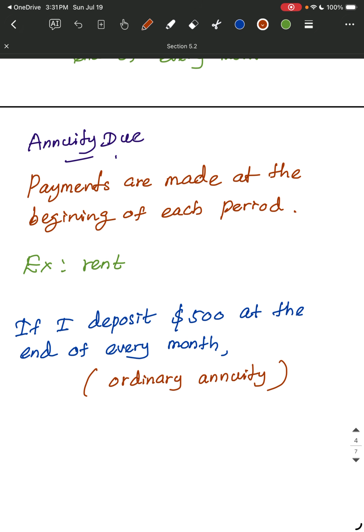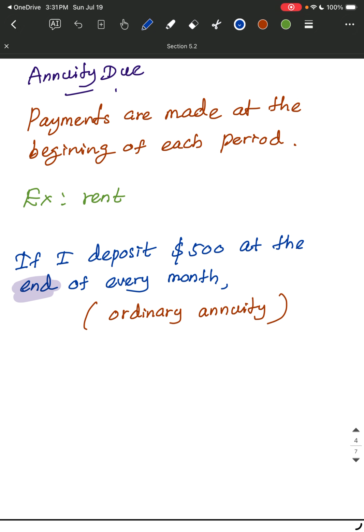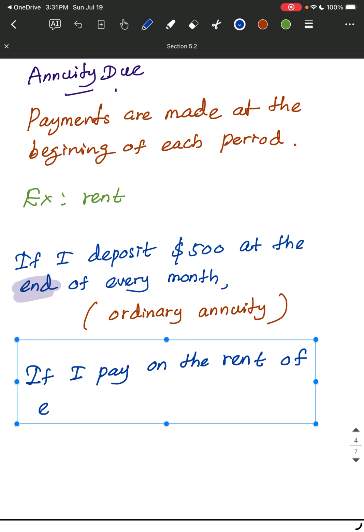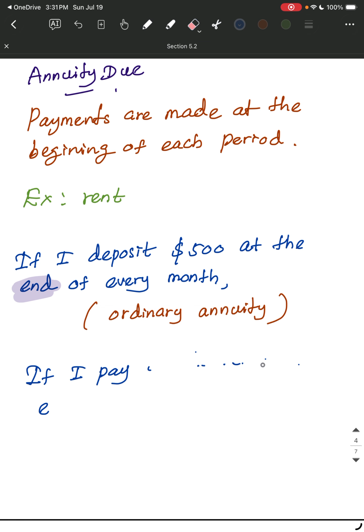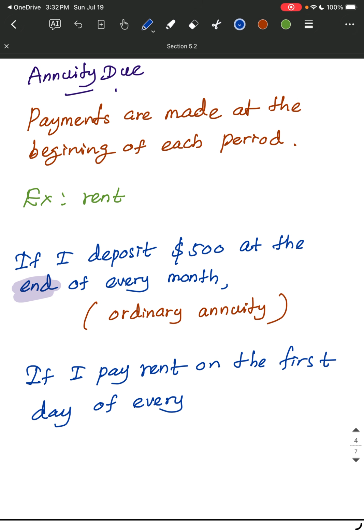Okay, then if I pay rent on the first day of every month, this is an annuity due, right?